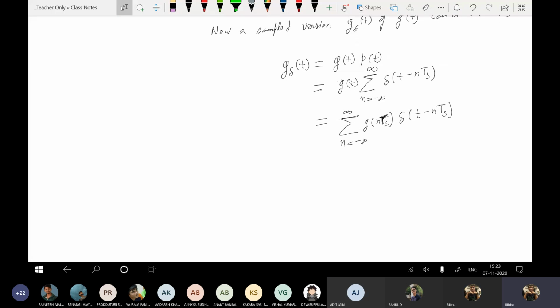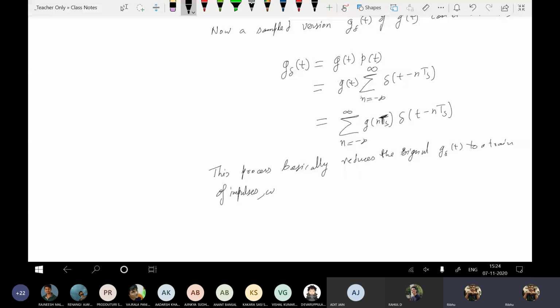So this process basically reduces the signal g delta(t) to a train of impulses whose amplitudes can be used as a sequence for the samples of g(t). Because practically when we do this, we'll always have pulses with finite amplitude.